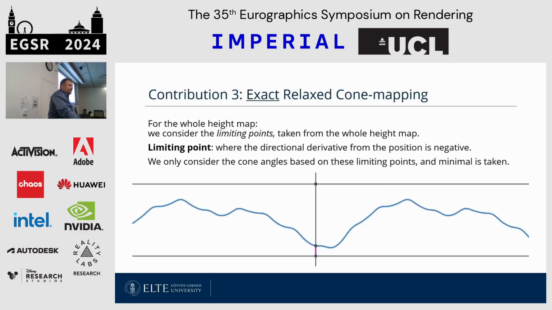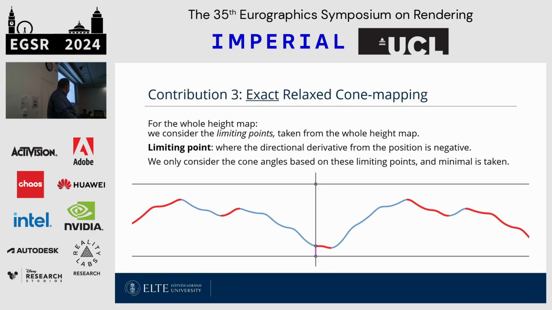So to remedy this, we have, I think, the biggest contribution in this work. We introduced the exact relaxed cone mapping. In theory, the idea is that we compute limiting points. So, for example, this is the continuous height surface. We assume that this is differentiable at the moment. And we consider these limiting points, which are those points where the directional derivative is negative.